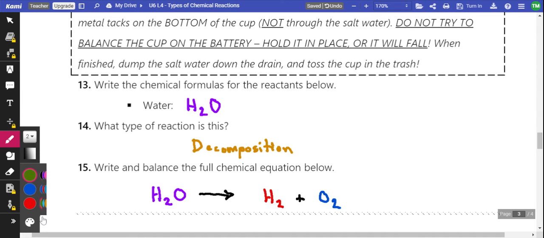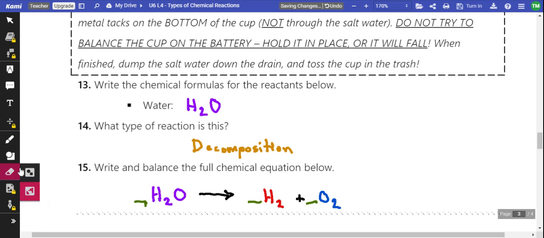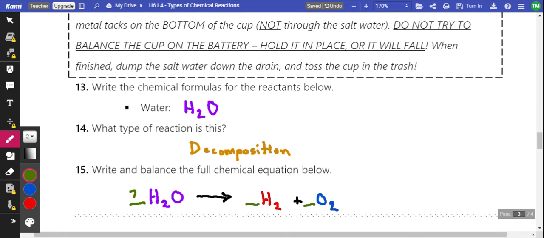All right, and then to finish up the reaction, we've just got to balance it. Since now we have the right products with the right formulas, we just have to make sure that we don't have any extra atoms or come up short. So let's see. I've got 2 H's and 2 H's. That's good. I've got 1 O and 2 O's. So I need to have a 2 as my coefficient over here, so I can have 2 O's on the left side to match my 2 O's on the right.